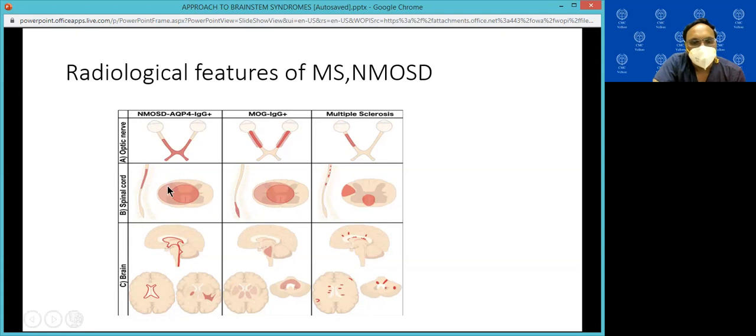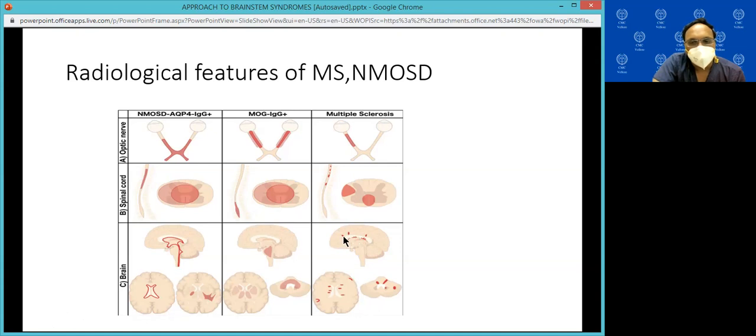And in the axial section, NMOSD is almost entirely involved, more placed centrally, whereas in multiple sclerosis it is more in the peripheral region. In the brain, NMO involves the periventricular region, whereas in MOGAD there is involvement of the basal ganglia, thalamus, and also infratentorial involvement. Whereas in MS, you can see Dawson's fingers above the corpus callosum.